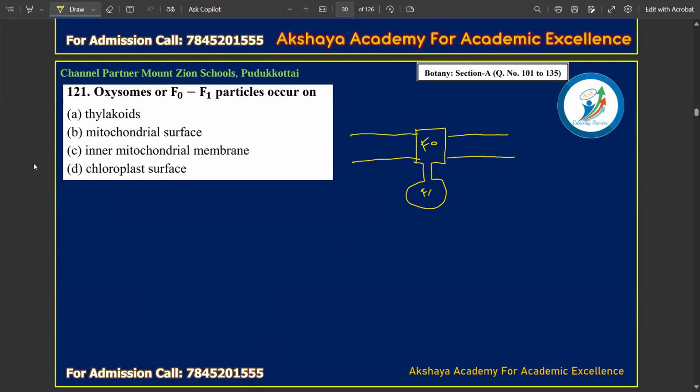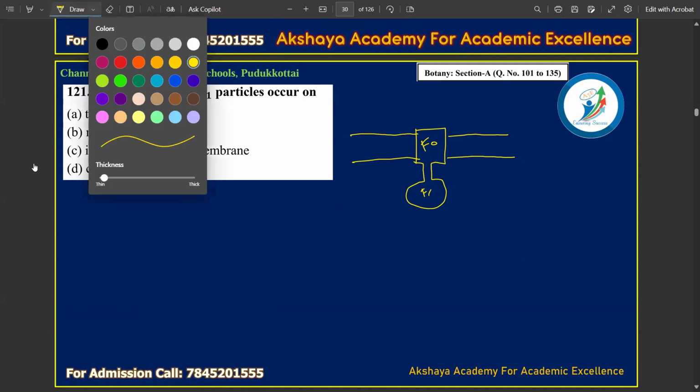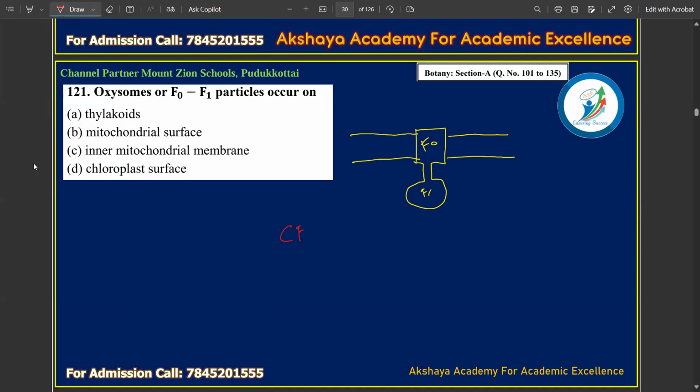We also have the same kind of structure in the chloroplast, but chloroplast oxysomes are represented as CF0 and CF1. Here it is not given CF0, CF1. It's given generally F0 and F1. So this will be the mitochondrial oxysome, located inside the mitochondria within the inner membrane. So it will be option C.